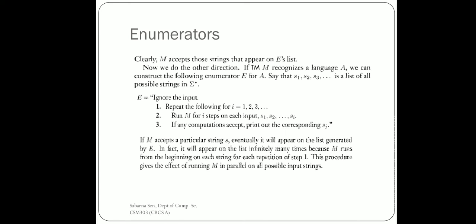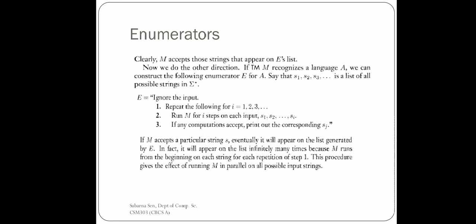In E's list, E is enumerating something and we are continuously comparing it with W. So it is very easy to understand that M is going to accept W. M is accepting which strings? The strings which appear on E's list, that is the enumerator's list, right?